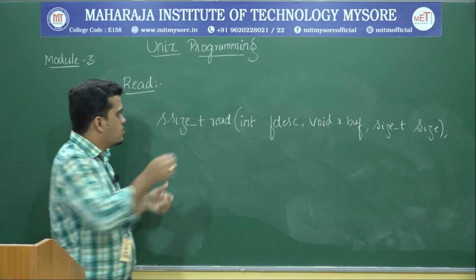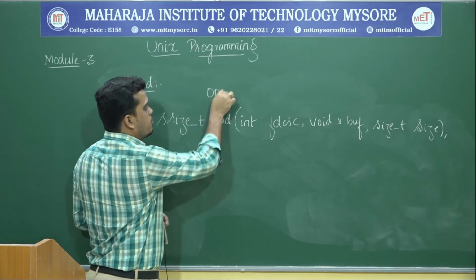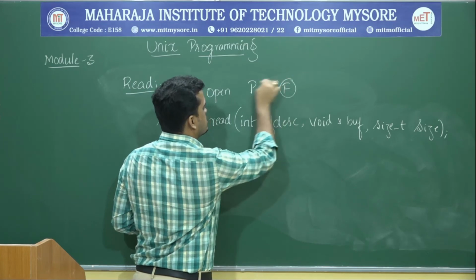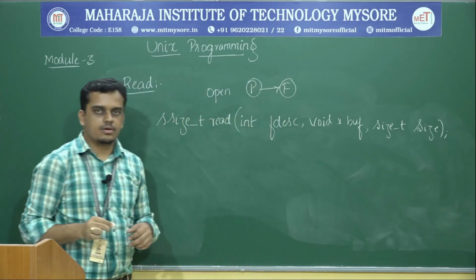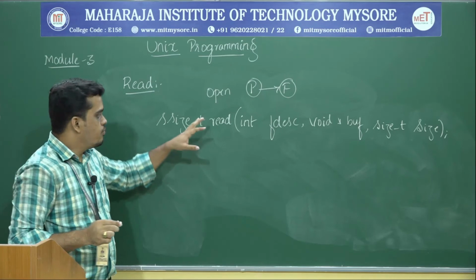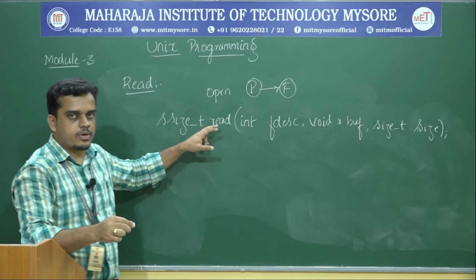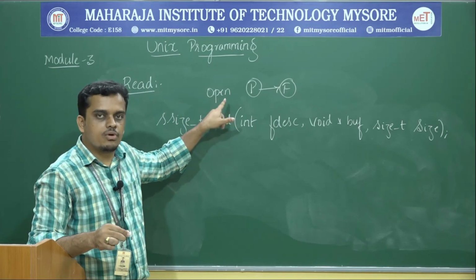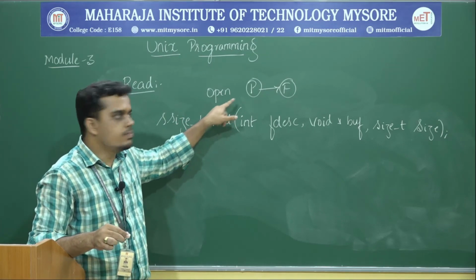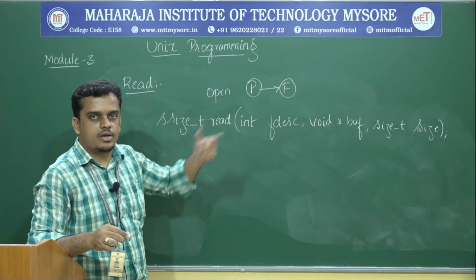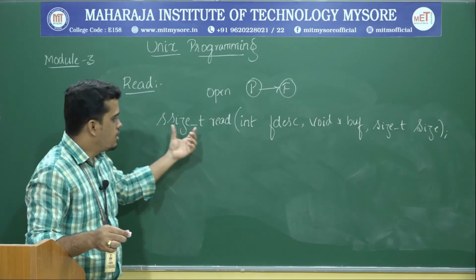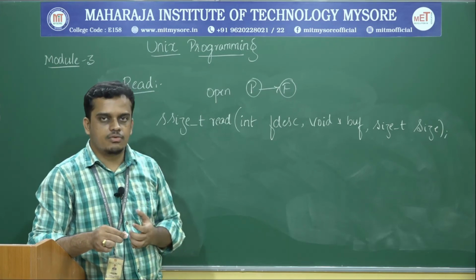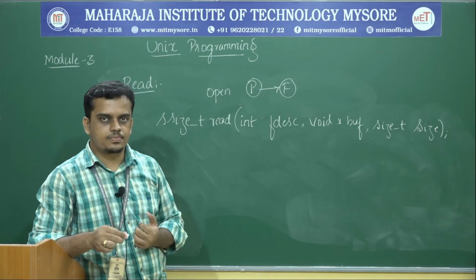First and foremost, you need to make use of open, with the help of which the connection between the process and the file is established. That means before making use of the read API, you are supposed to make use of the open API for creating a connection between the process and the file. Next, you can go with the read API, which is meant for reading the information from an open file.